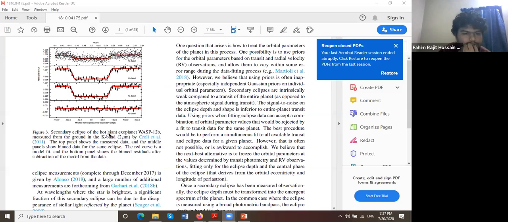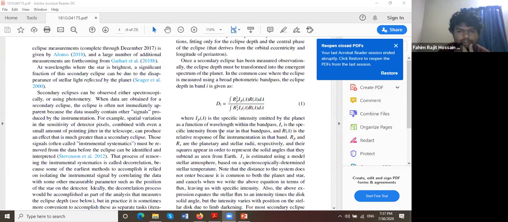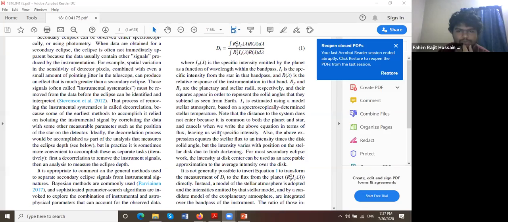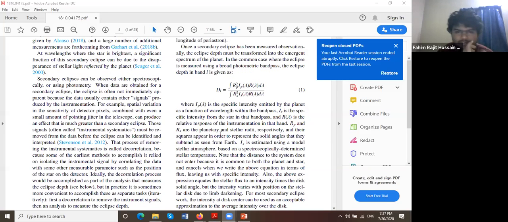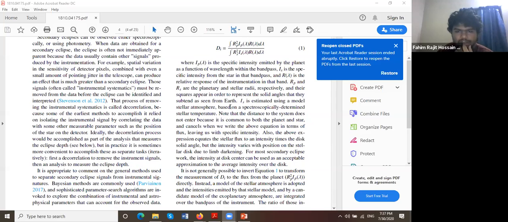Again, you can see the diagram I just showed about the hot Jupiter, and it also mentions a few equations and methods of measuring the transit depth using photometric bandpass, as you can see.